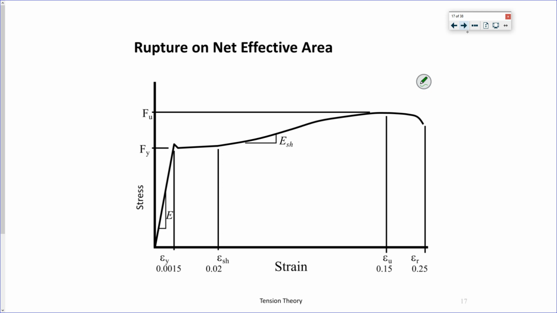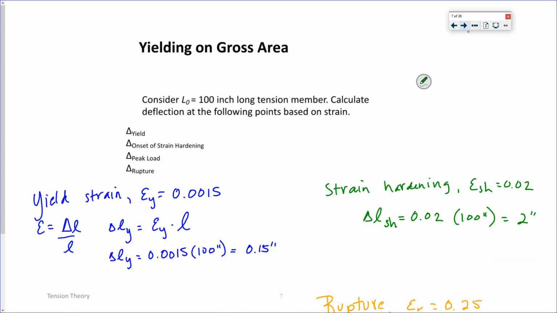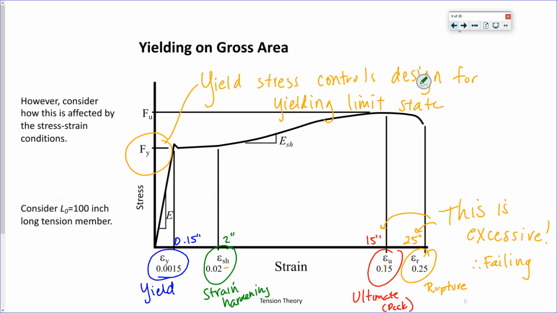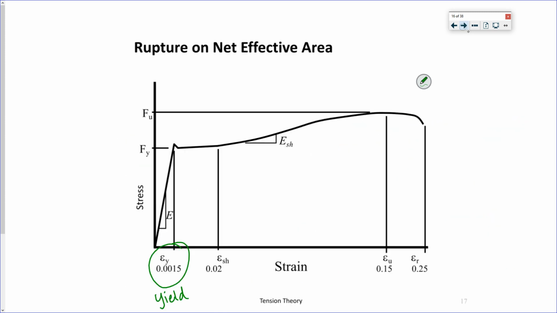So go ahead and calculate what we did before. This was yield. Are those the same colors? Blue, green, red, orange.